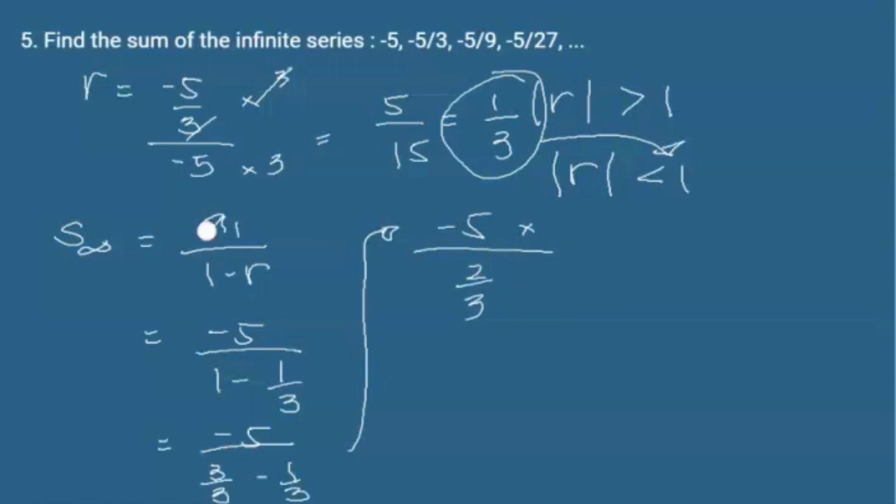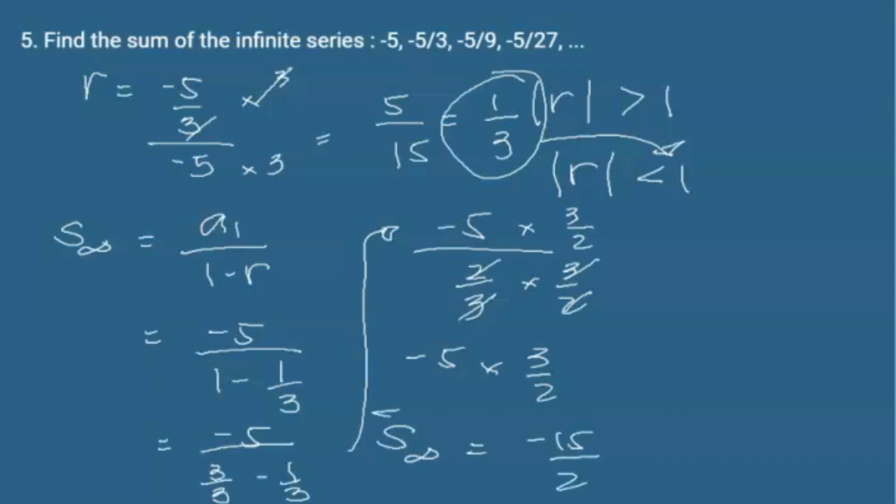Then multiply both numerator and denominator by the reciprocal of 2/3, so we can cancel that out. We have -5 times 3/2. So S infinite is equal to -15 over 2.